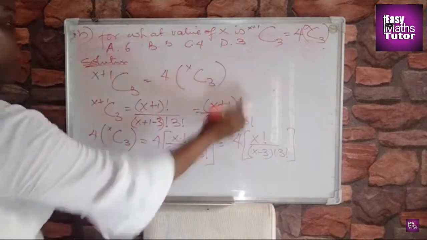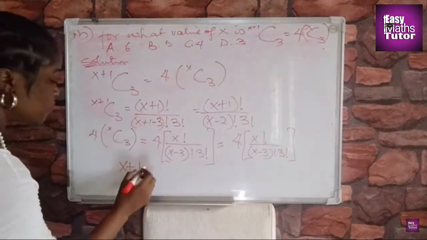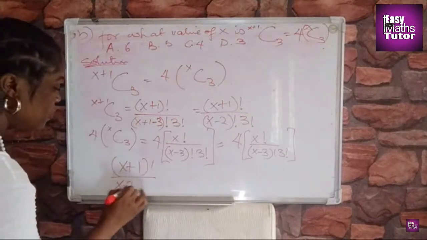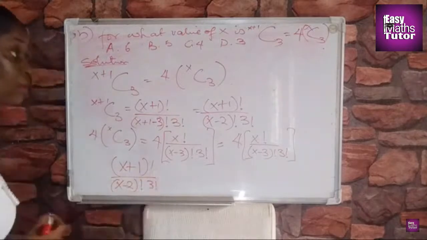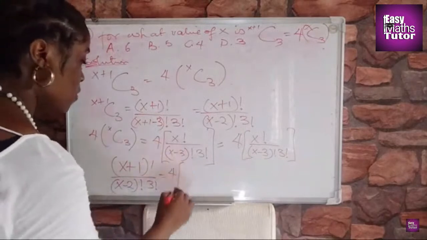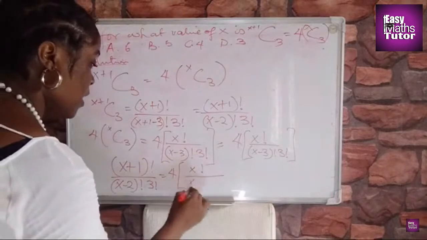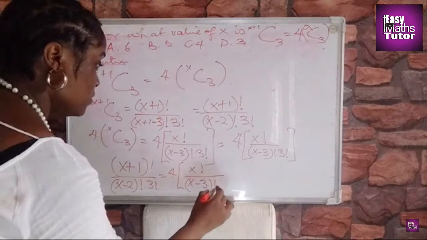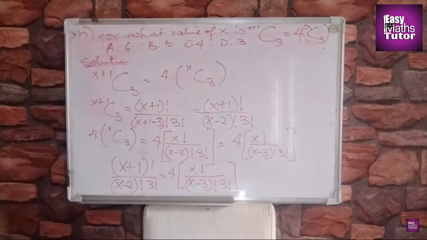So we're going to equate these two. We have x plus 1 factorial all over x minus 2 factorial 3 factorial equal to 4 x factorial over x minus 3 factorial 3 factorial, okay?